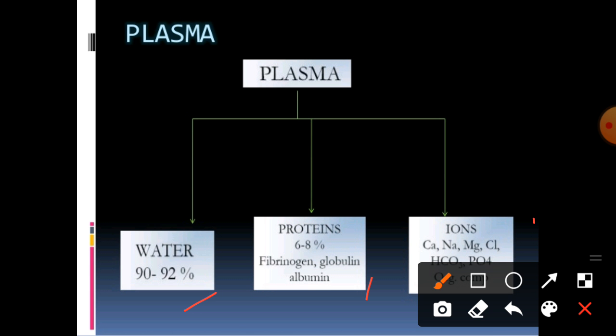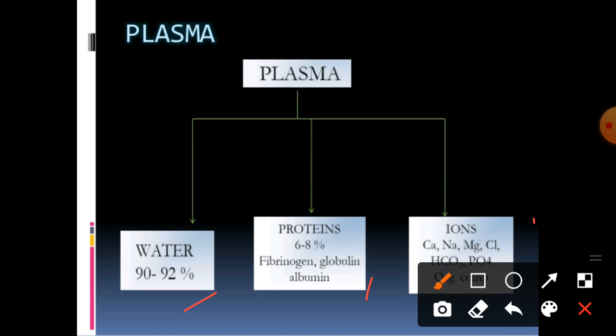And the protein comes directly or indirectly through the liver. Generally, these are the substances which come there.